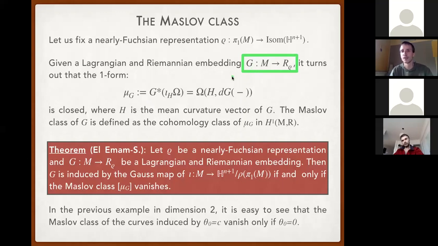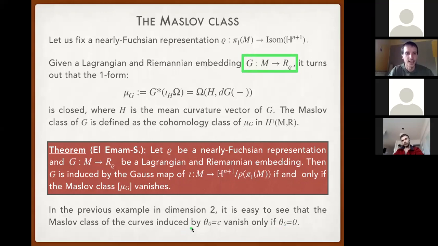Half the audience which has a good intuition of anti-de Sitter geometry will easily realize that these curves, theta equal to a constant c, have non-vanishing mean curvature unless, sorry, here it's a complete mess.